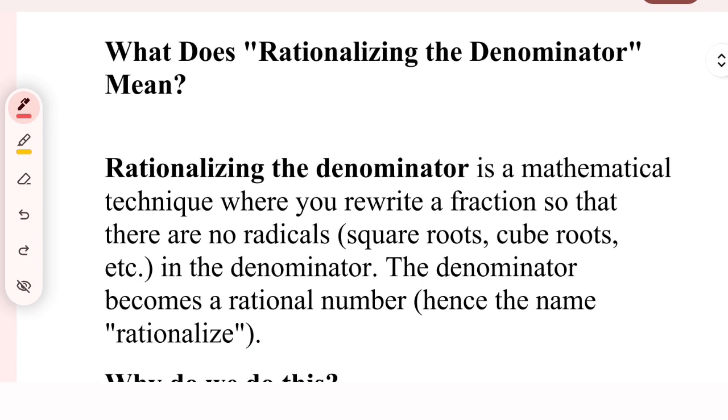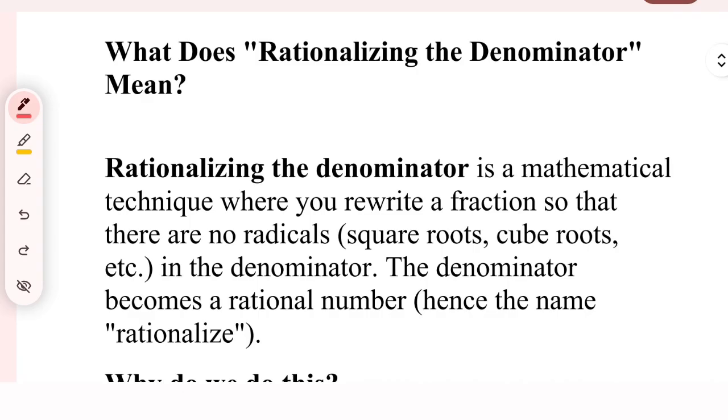rationalizing the denominator is a mathematical technique where you rewrite a fraction so that there are no radicals. That means there are no square roots, no cube roots, etc. in the denominator. So if you have a fraction in your final answer, and in the denominator there is a square root or there is a cube root, then you need to rationalize the denominator.